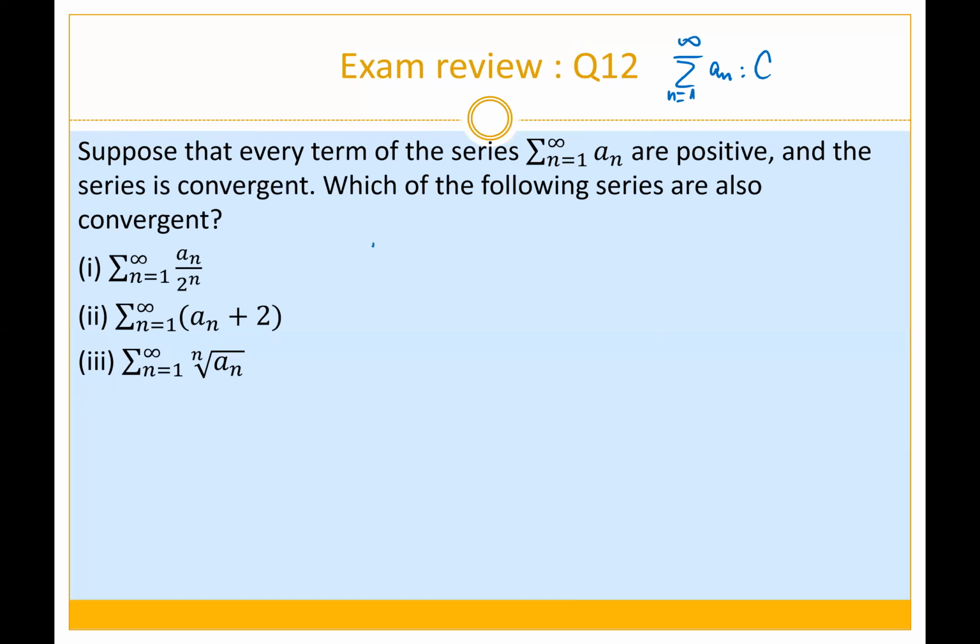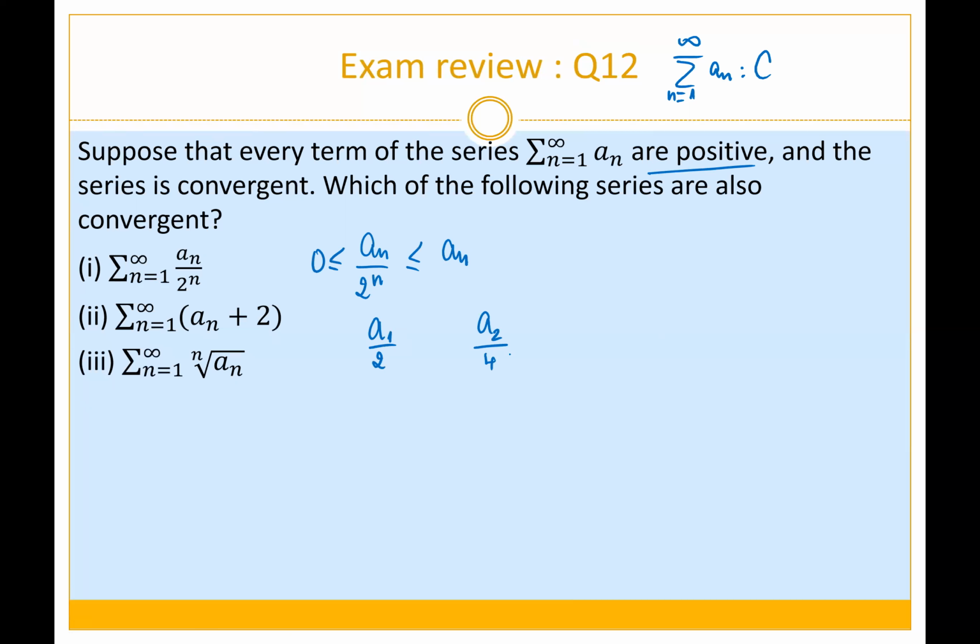So we have An over 2 to the n. It's always bigger than 0 because it's positive and you divide it by a positive number, which is 2 to the n. And it's always smaller than or equal to An if you're starting from n equal to 1. Why? Because the term is going to be A1 over 2, A2 over 4.